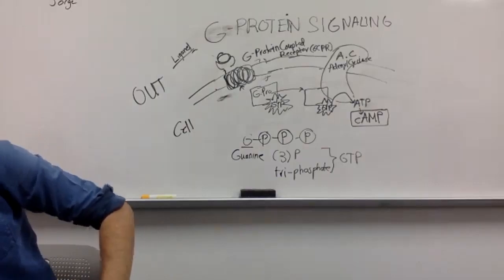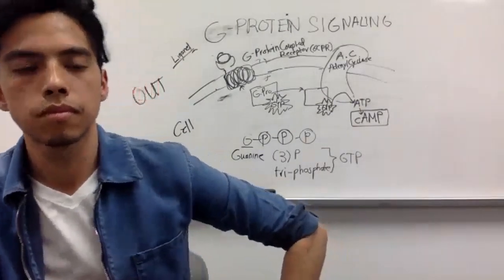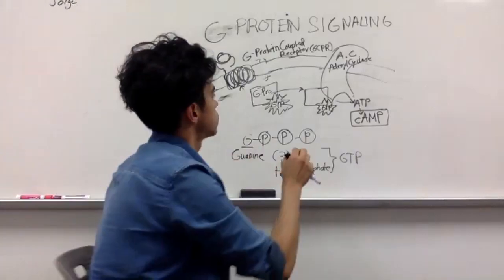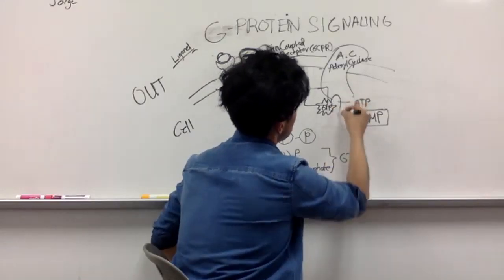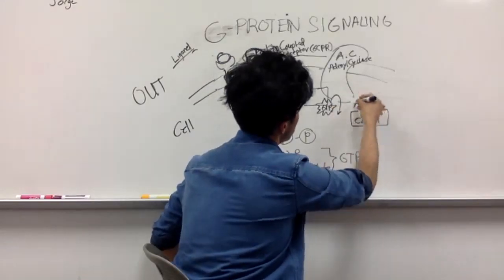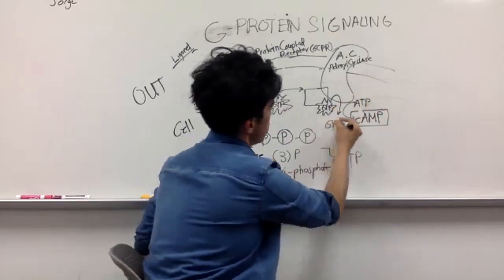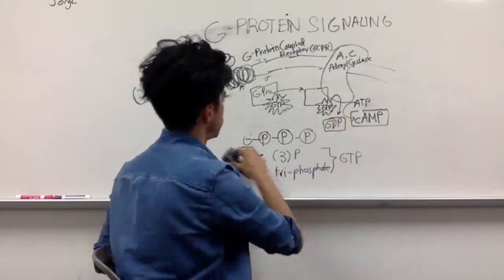Is that good? Yeah. Okay, cool. I would remove the arrow from GTP to ATP because that like, makes it look like GTP is turning into ATP. Is that better? GTP. Yeah. Erase the triphosphate. Yeah.